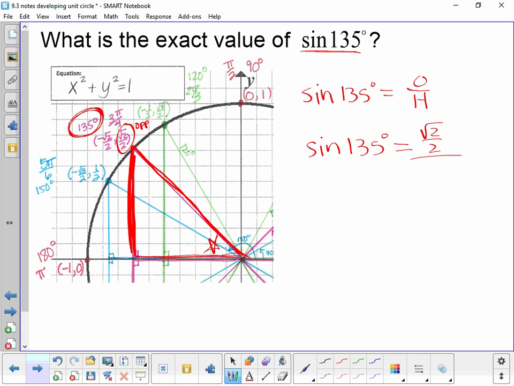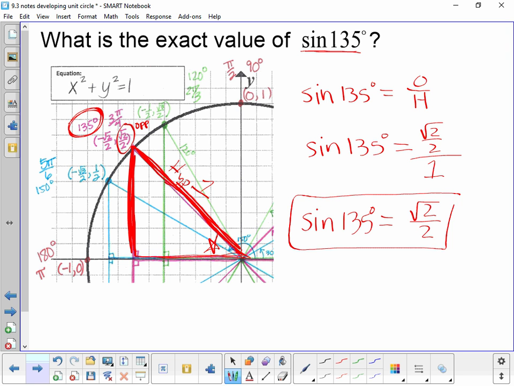And I need to divide by the hypotenuse. Well, the hypotenuse happens to be the radius of the circle. So the hypotenuse has length 1. And you can see why it might be a little powerful to have a circle with radius 1. Since that hypotenuse is 1, dividing by 1 is super easy. It must simply be root 2 over 2.